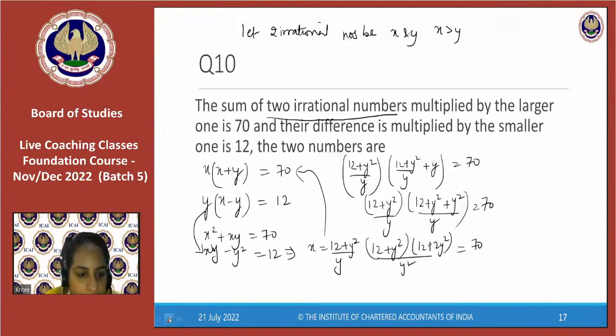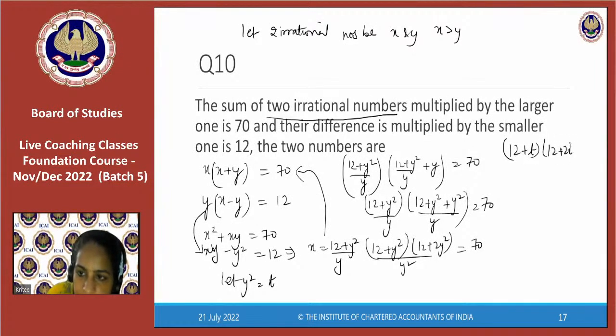Fine. So now I'm taking let y square be equal to t. So this is now 12 plus t into 12 plus 2t divided by t equals 70.